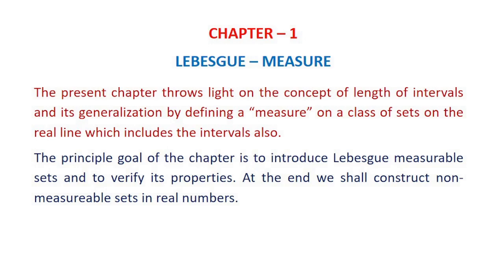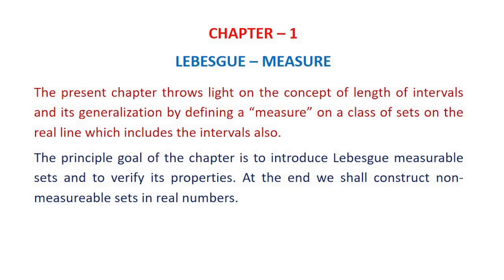Now, what about sets? If we have a set, how do we define its length or how do we measure a set? So in this chapter, we will focus upon the measure of a set. By defining a measure on the class of sets on the real line, which includes the intervals also, the already existing concept of the length of an interval will not be disturbed.